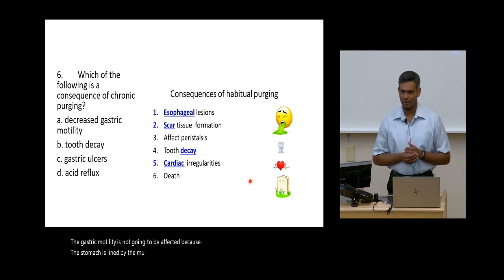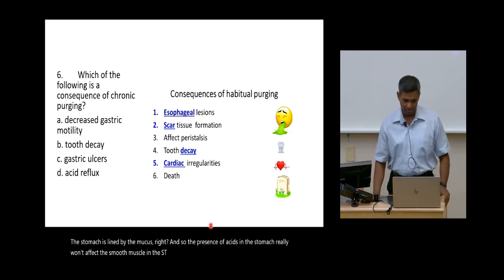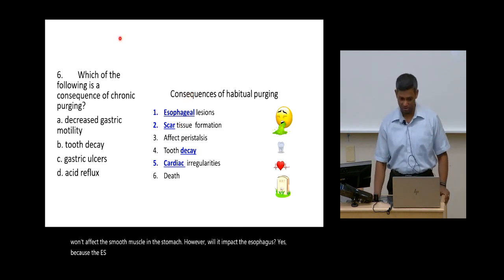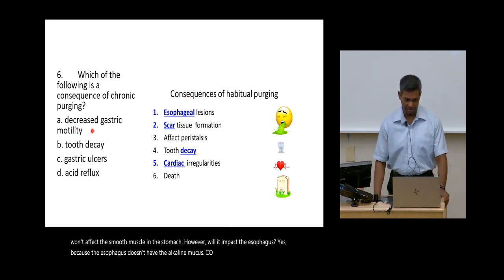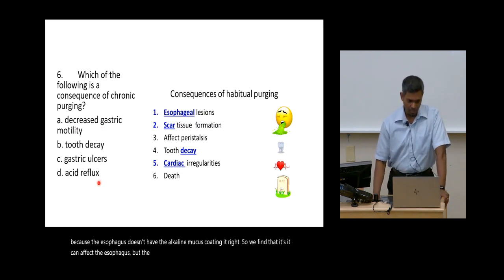And so the presence of acids in the stomach really won't affect the smooth muscles of the stomach. However, will it impact the esophagus? Yes, because the esophagus doesn't have the alkaline mucus coating it, right? So it can affect the esophagus, but the stomach is not affected.